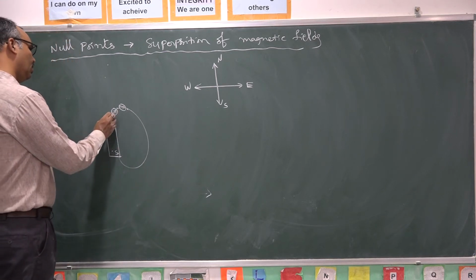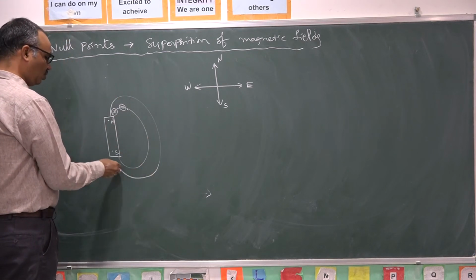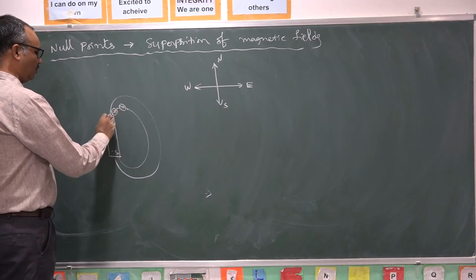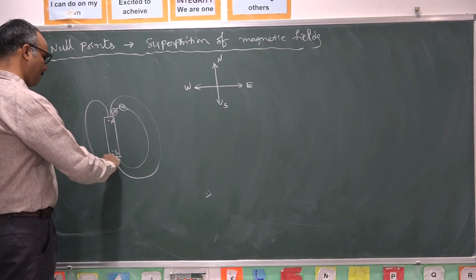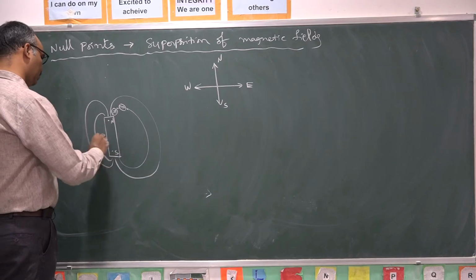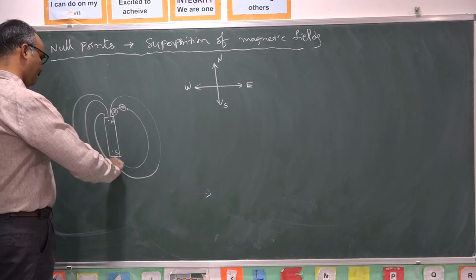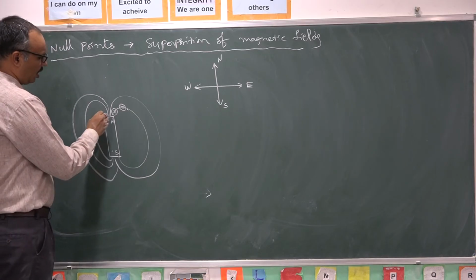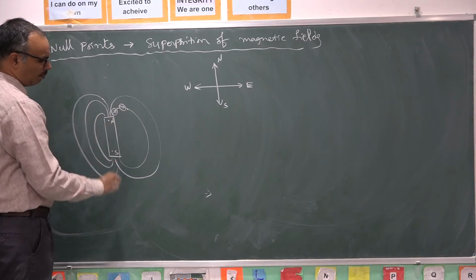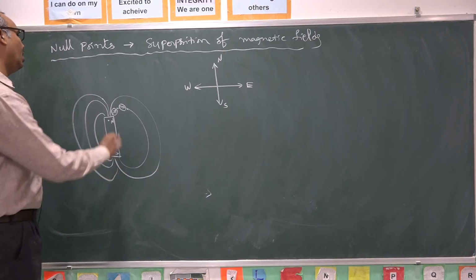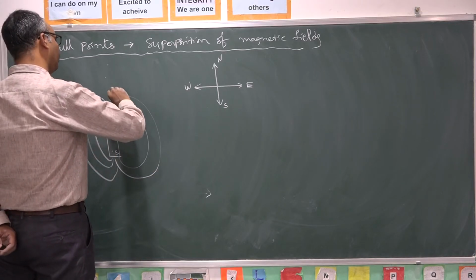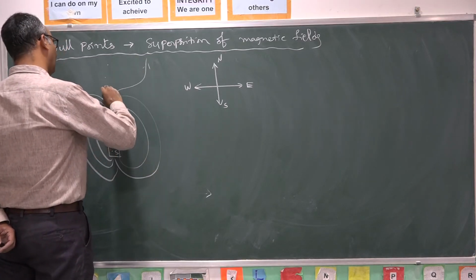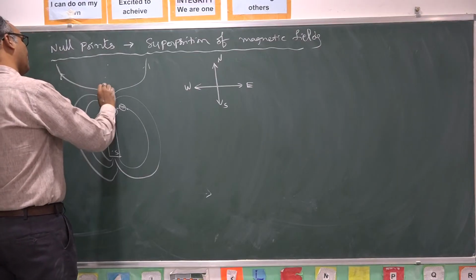Likewise, you can draw so many lines of force. No two lines of force intersect each other. All are coming out of the surface in a normal direction. And if you draw some more lines of force, you can find some of the lines of force are going like this.